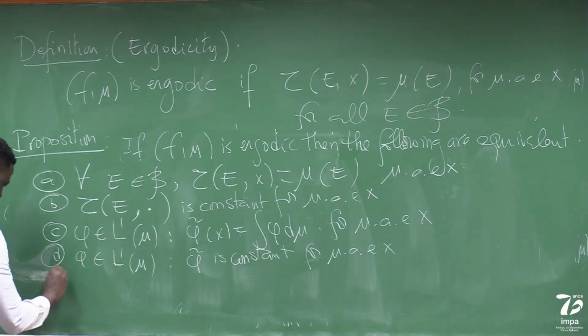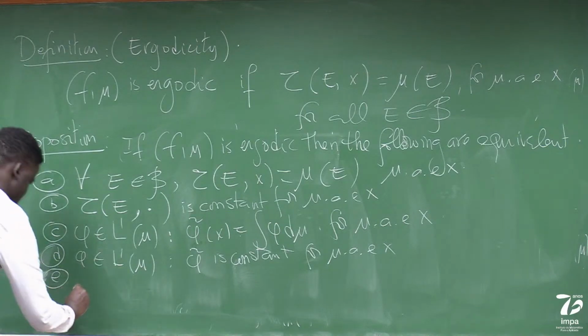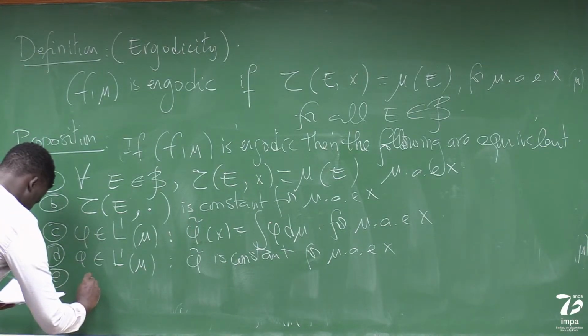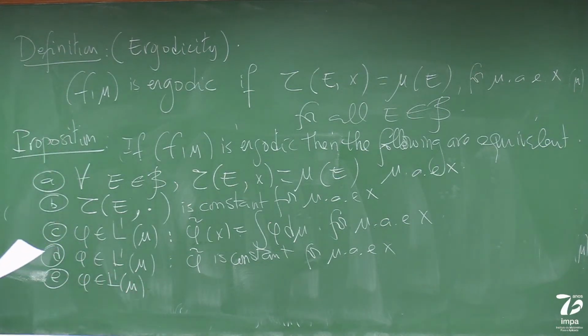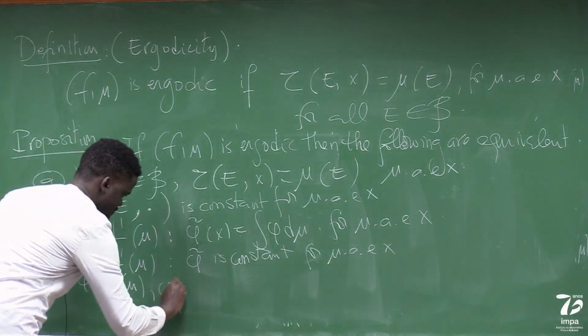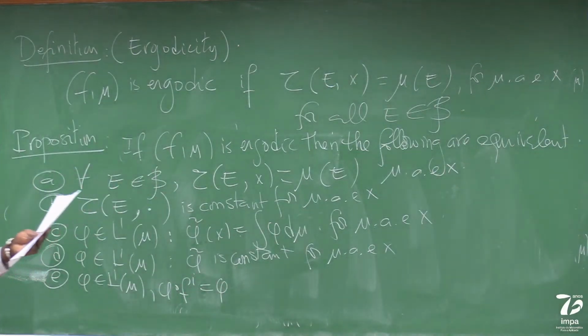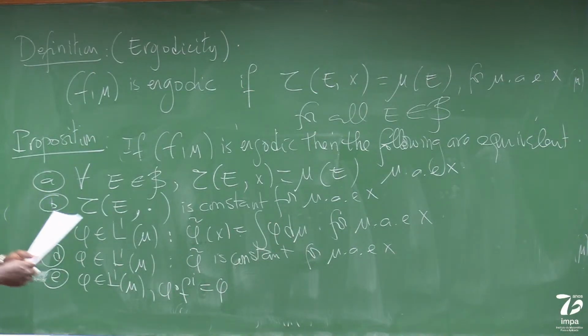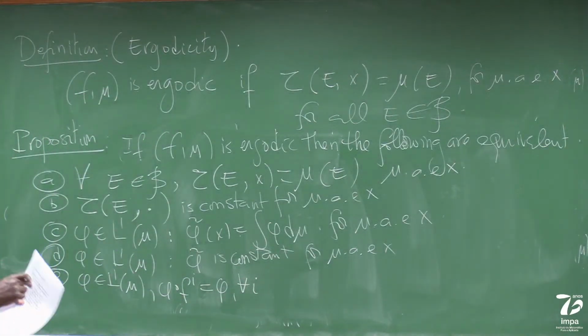E is important here. It is a characterization that if phi is in L1 of mu and phi is invariant for every i, this implies that phi is constant.